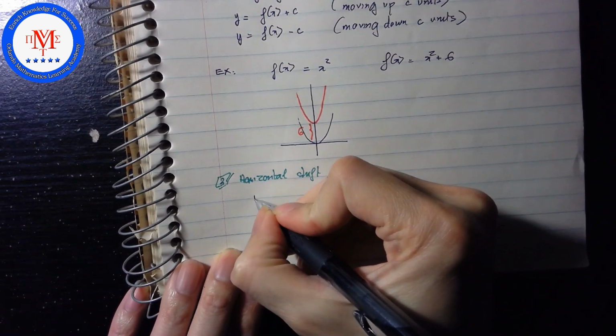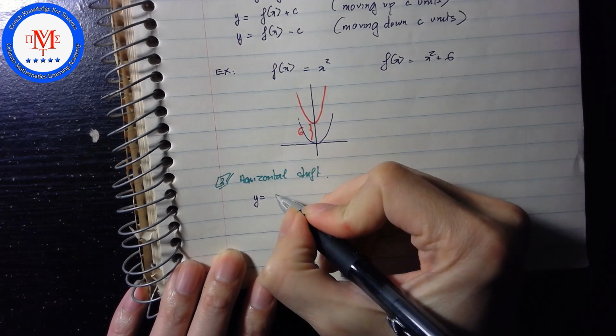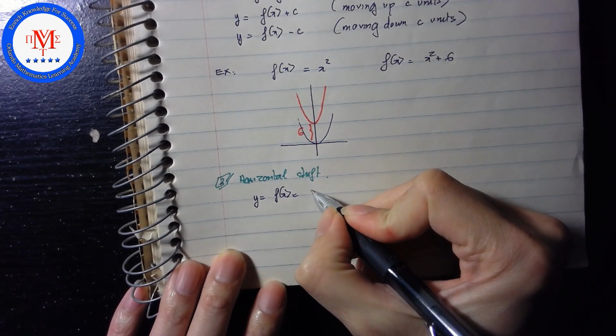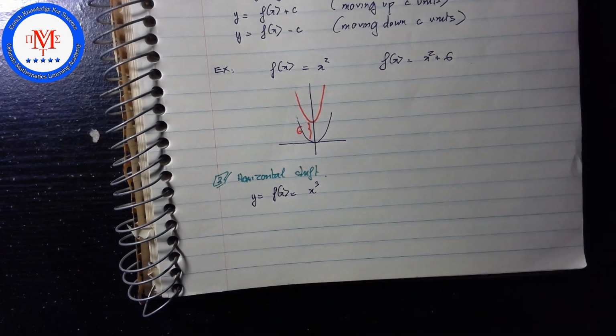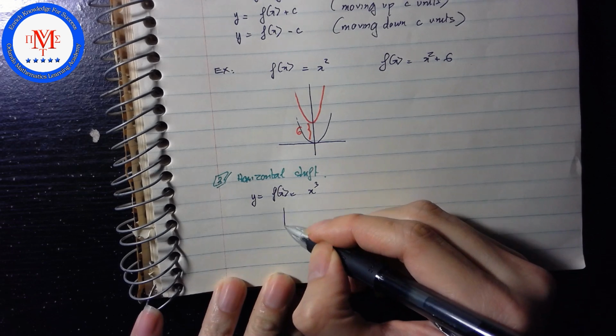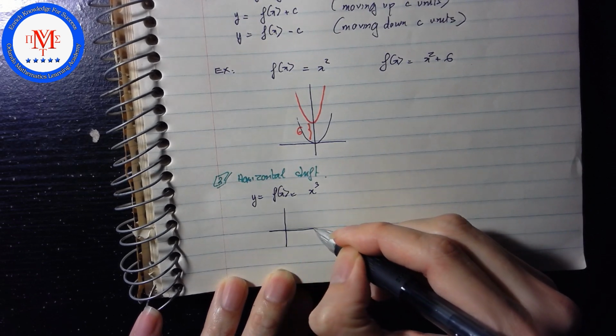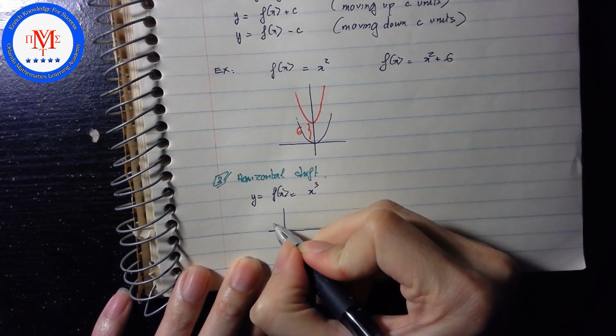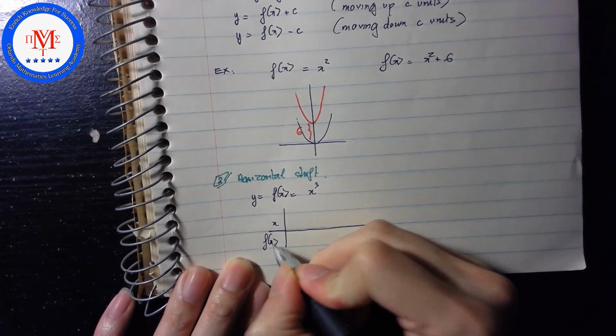Okay, let's do this function. y equals f(x) equals x to the 3rd power. Let's set up the table for this function. We have x, f(x) here.